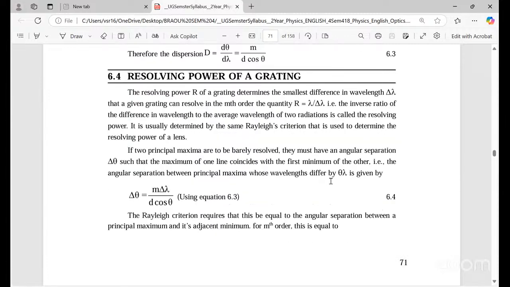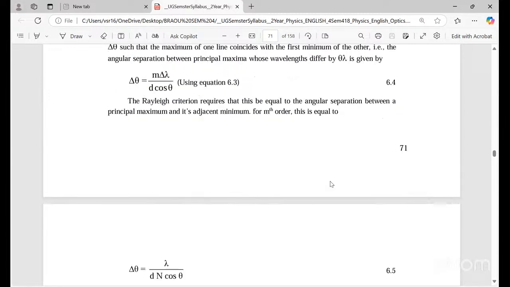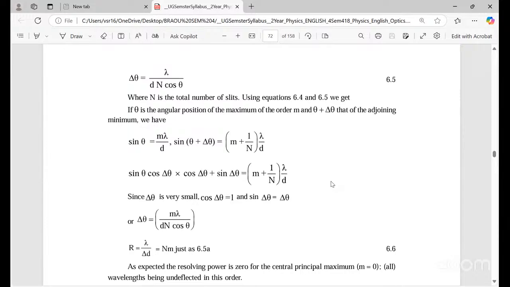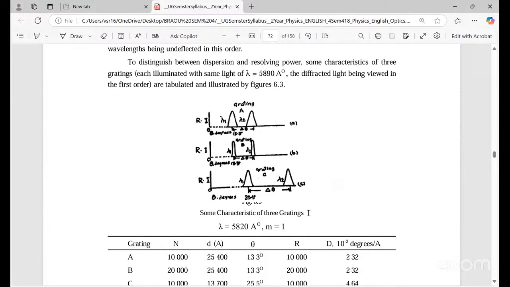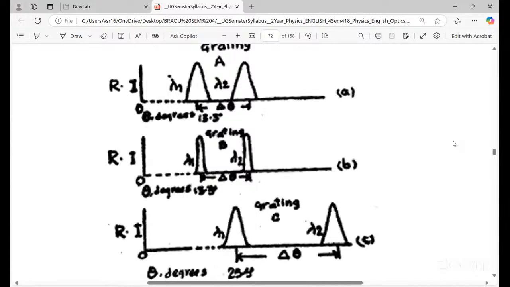Next is the resolving power of a grating. See here, the characteristics of three gratings. We already discussed these three cases in our PowerPoint presentation; this is in our textbook.